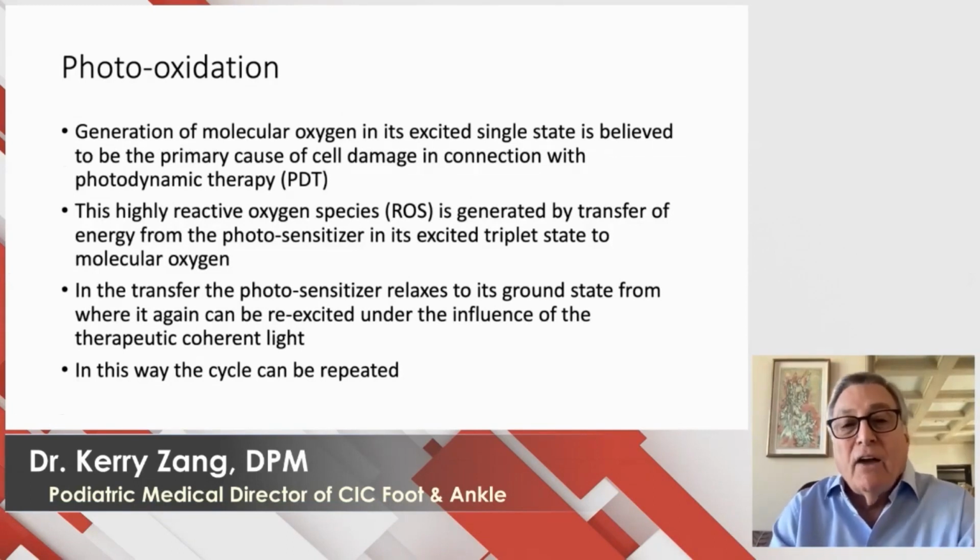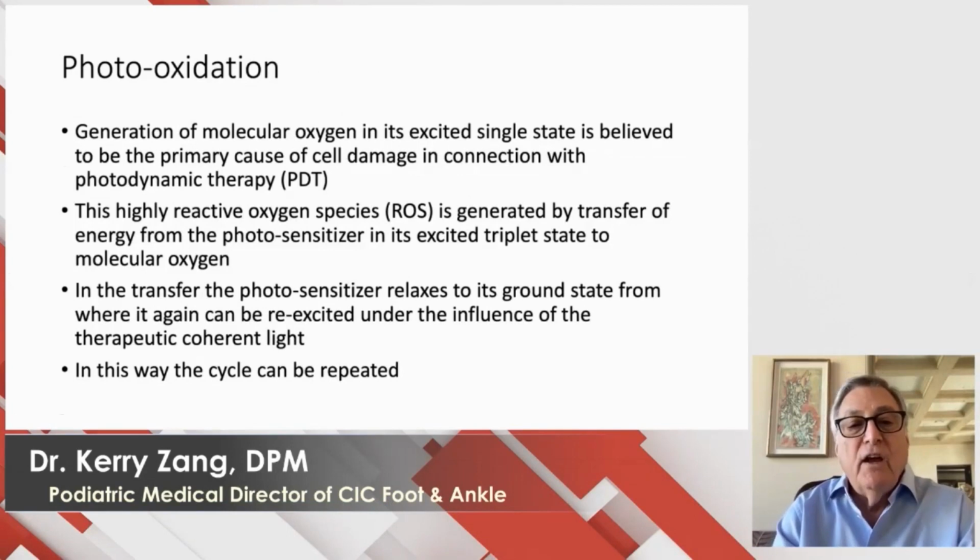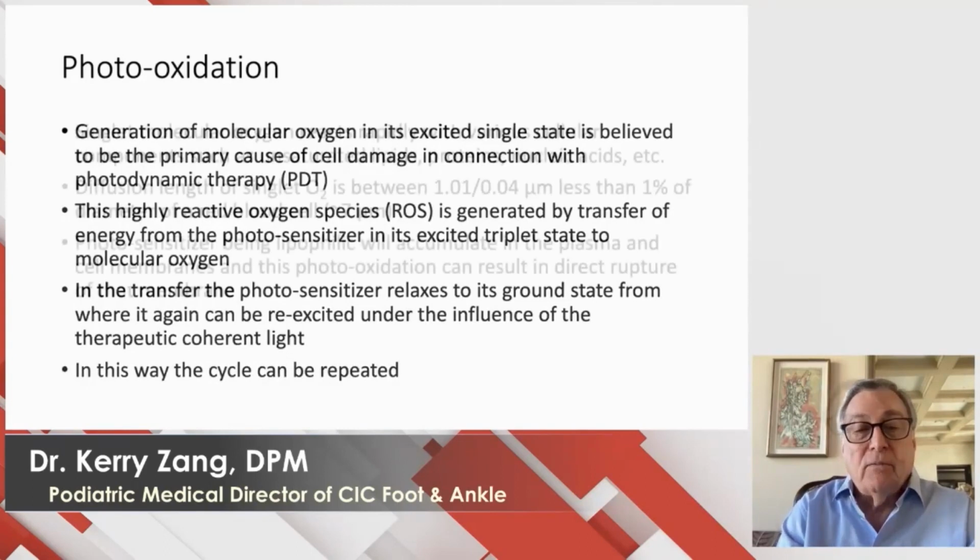The oxygen species is generated by transfer of energy from the photosensitizer in its excited triplet state to molecular oxygen. In the transfer, the photosensitizer relaxes to its ground state from where it can again be re-excited under the influence of therapeutic coherent light. This repeats the cycle.